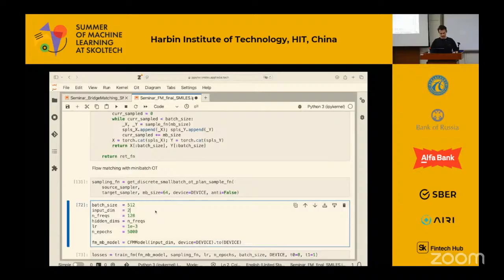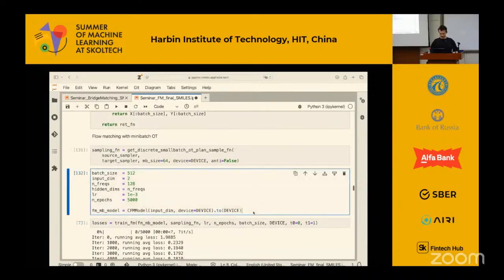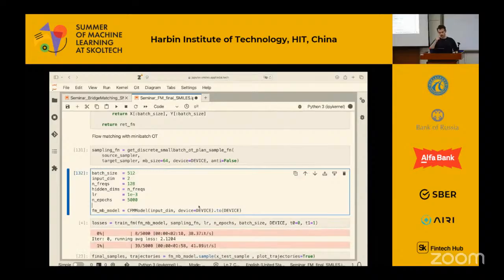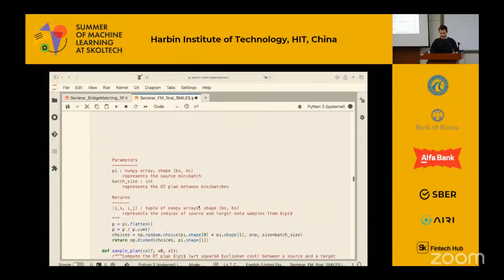So okay, let's train it. Again, the only thing that we change here compared to the previous independent flow matching is the way we sample points x0s and x1s from our P0 and P1 distributions.